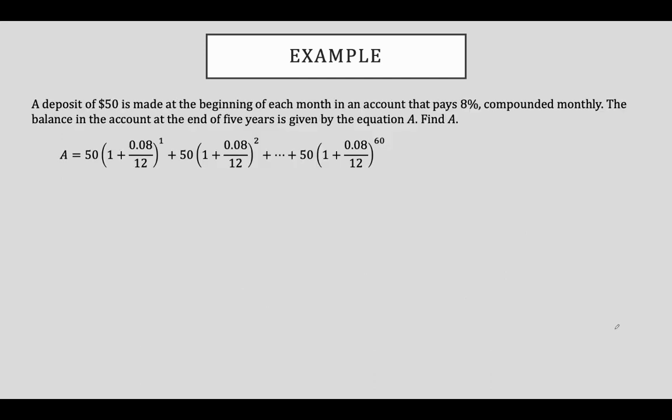Let's try one more, a word problem here. A deposit of $50 is made at the beginning of each month in an account that pays 8% compounded monthly.